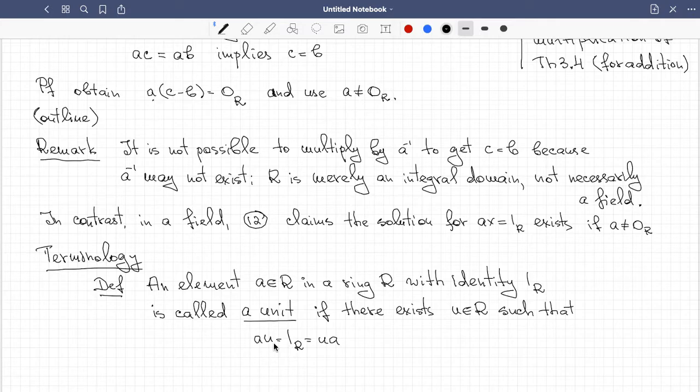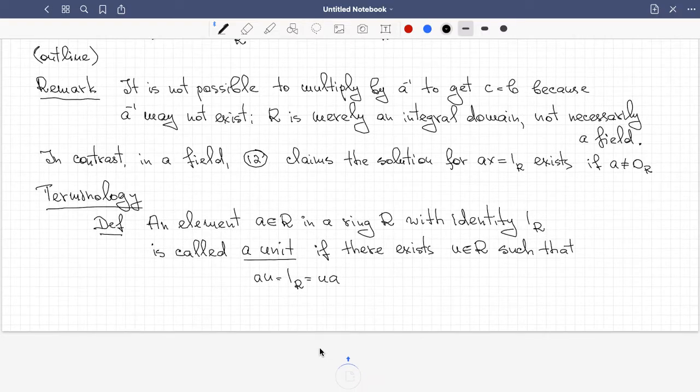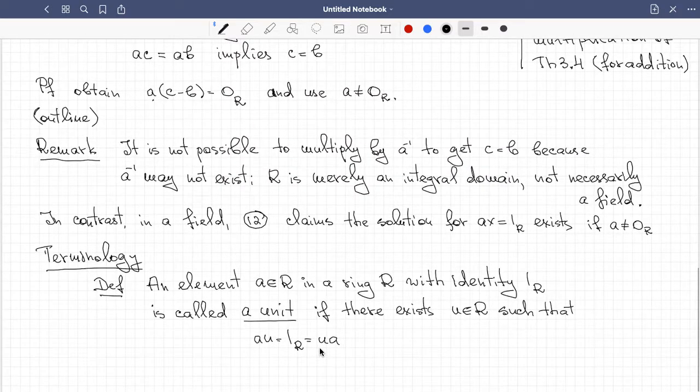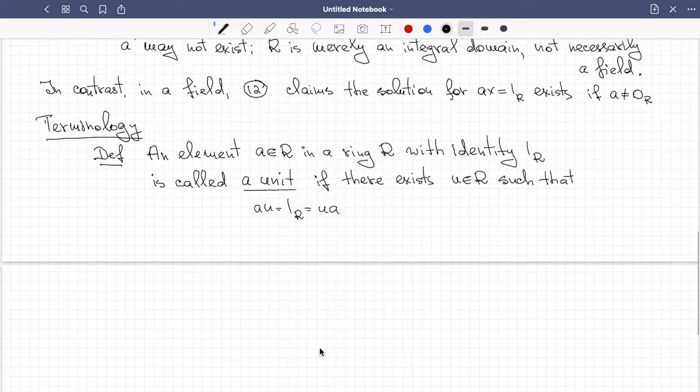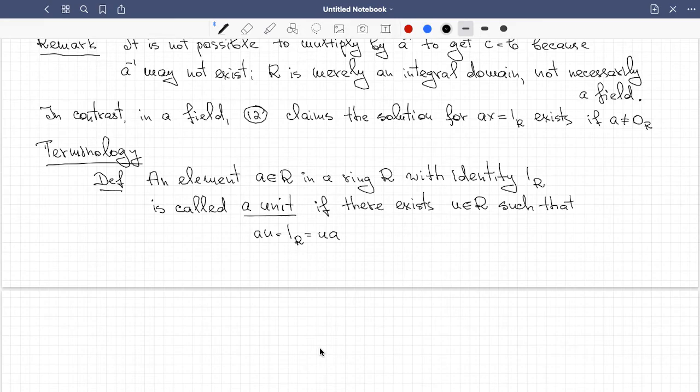So that this kind of equation has a solution U multiplied by some U from right to left. This ring with identity is not necessarily commutative, so I have to write both conditions, AU and UA. I require them both to be the identity in the ring. In this case, the element is called a unit.